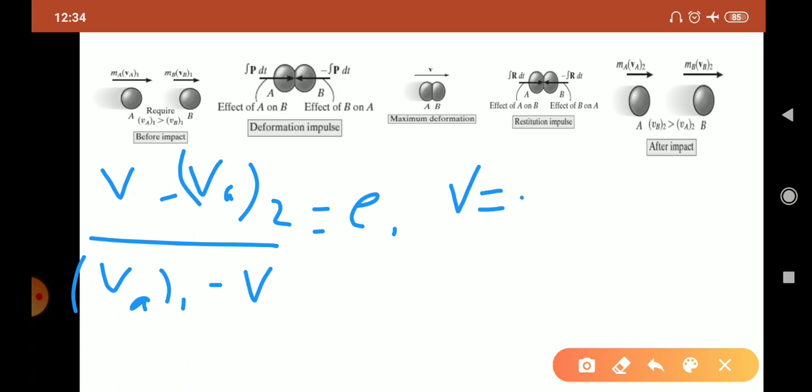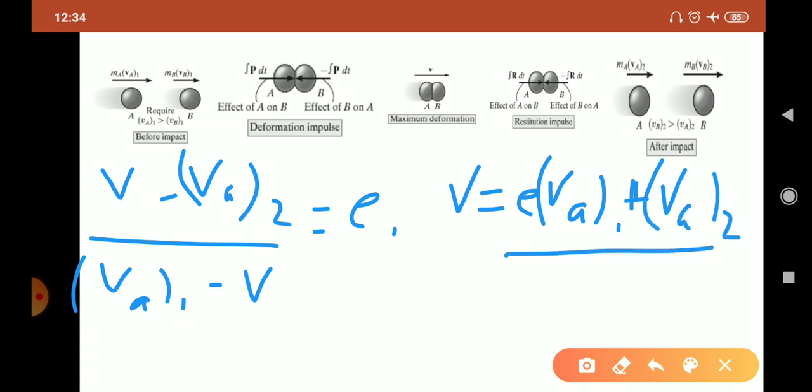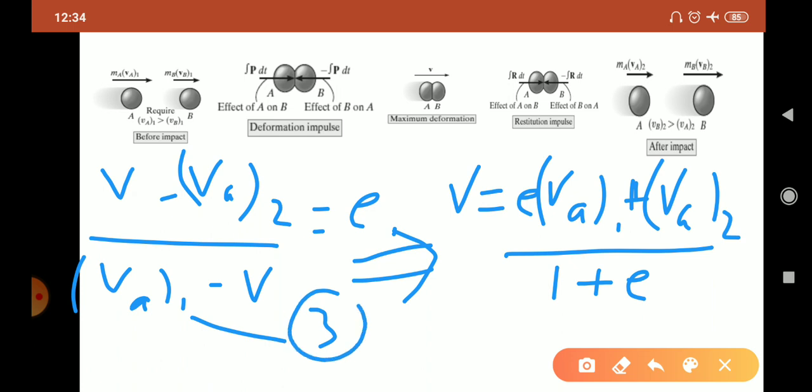We'll get V equal to E VA1 plus VA2 upon 1 plus E. So from equation number 3 we get this V value. Now put it in equation number 7.